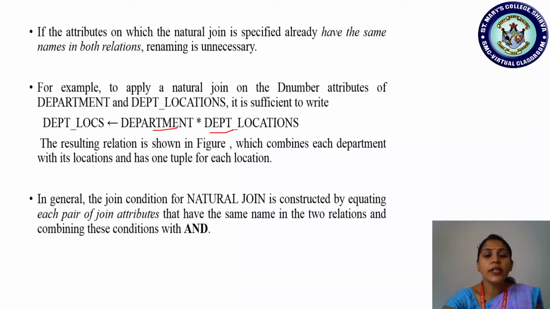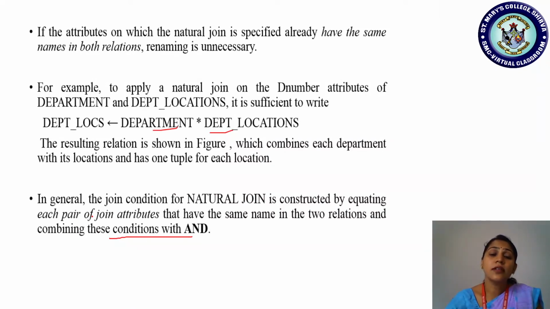Okay, so in general, the join condition for natural join is constructed by equating each pair of join attributes that have the same name in the two relations and combining these conditions with AND. So the join condition for natural join is constructed by equating each pair of join attributes.